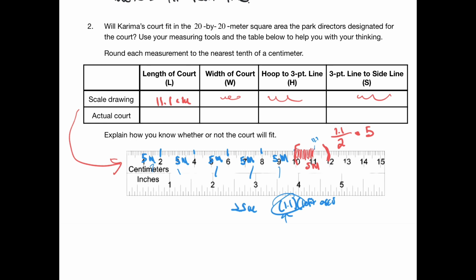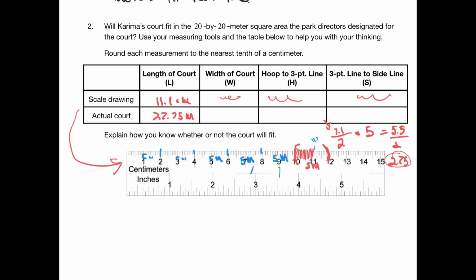So if I want to figure out what the actual meter is, I can show how much I have, use that as a fraction compared to the whole amount, and multiply that by 5. So this would be 5.5 over 2, which is 2.75. So I know that if I take this and this together, it would be 27.75 meters.